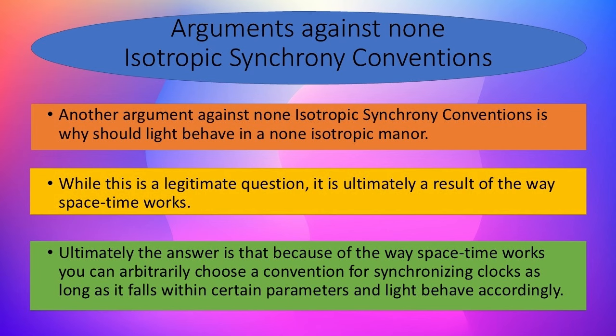Another argument against non-isotropic synchrony conventions is why should light behave in a non-isotropic manner? While this is a legitimate question, it is ultimately a result of the way space-time works. Ultimately, the answer is that because of the way space-time works, you can arbitrarily choose a convention for synchronizing clocks as long as it falls within certain parameters and light behaves accordingly.